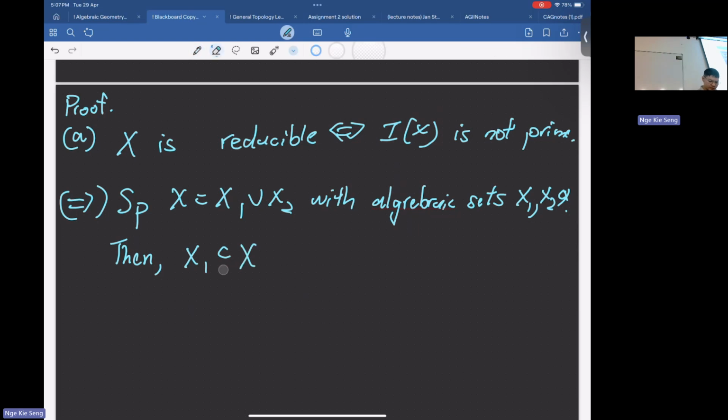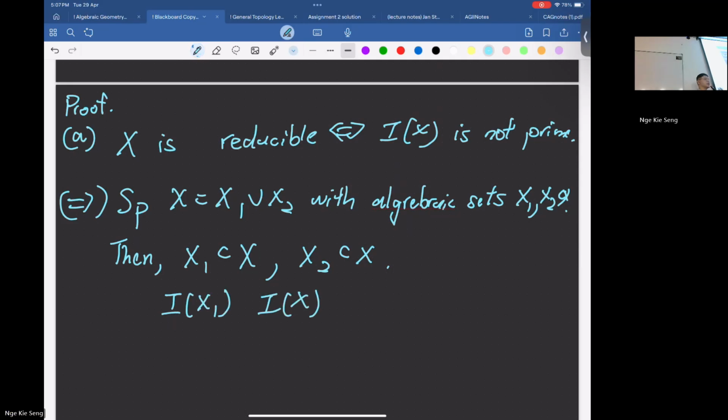X1 in X proper and X2 in X. So if you look at I(X1) and I(X), what's the difference here? Which one has more polynomials? You have subset inclusion, right? So I(X) is in I(X1).